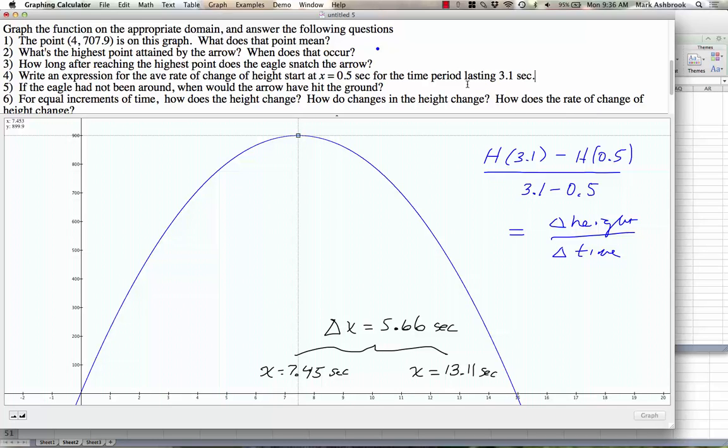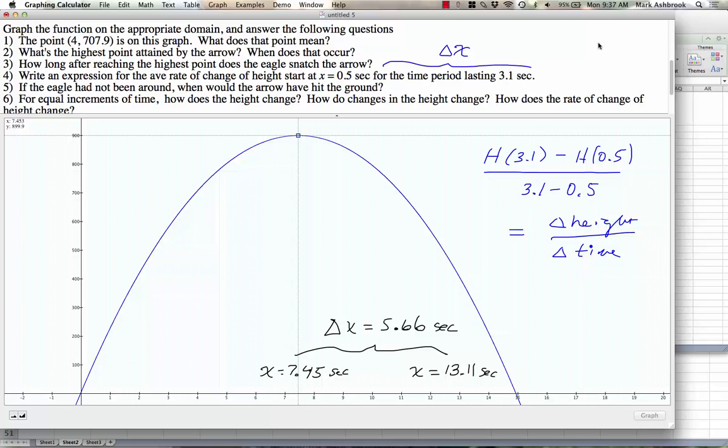Sometimes it gives you the starting time and the finish time. But sometimes it doesn't. Here I'm giving you the starting time and the change in time. That is delta x. For the time period lasting, that's delta x.